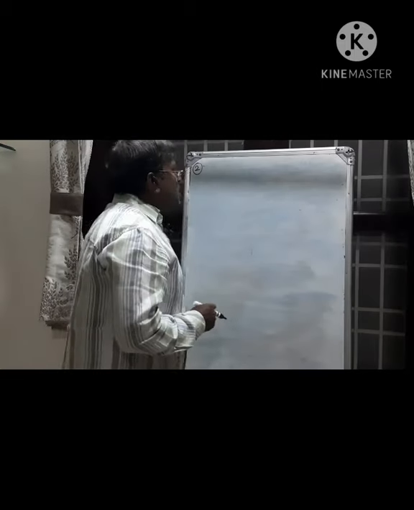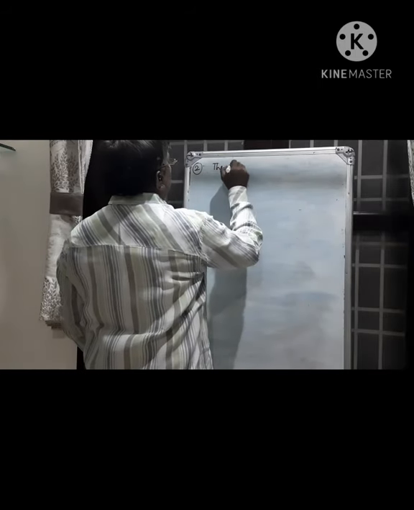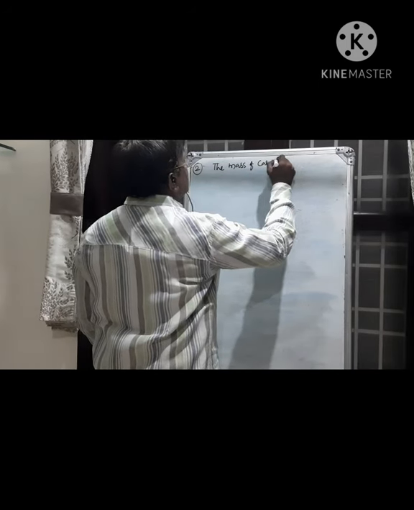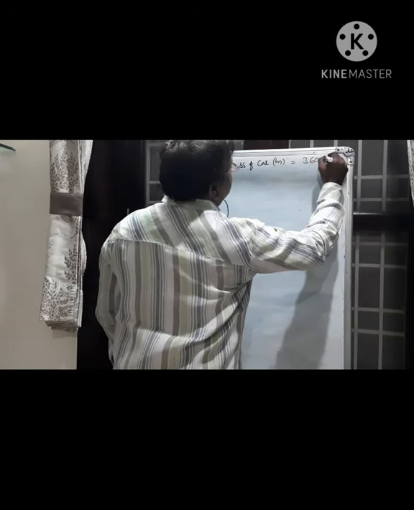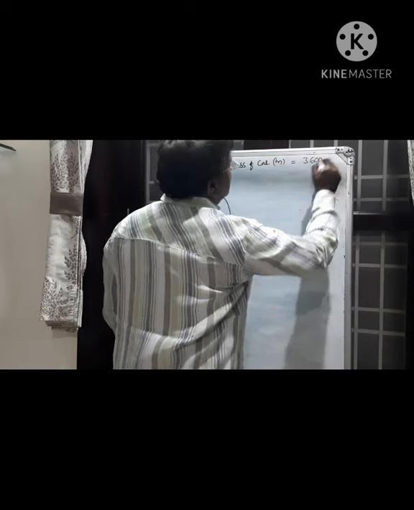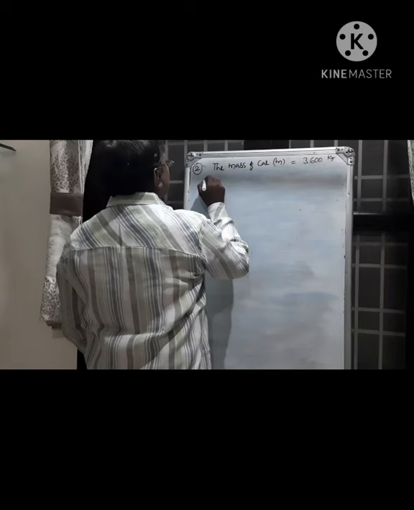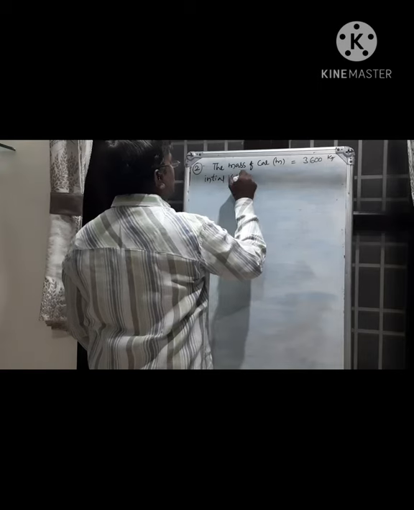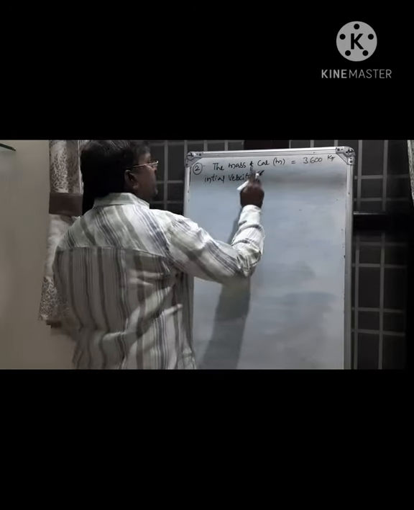Now let us find out. First step is what is given. The mass of the car, let us say m is equal to 3600 kg. And the speed of the car is also given, the initial speed, that is initial velocity actually. In linear momentum there is no difference between velocity and speed.